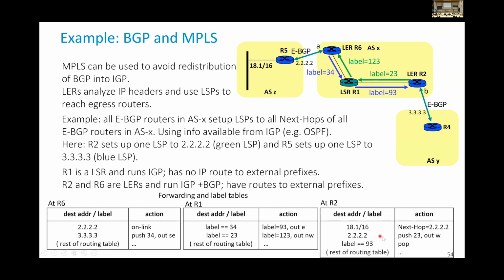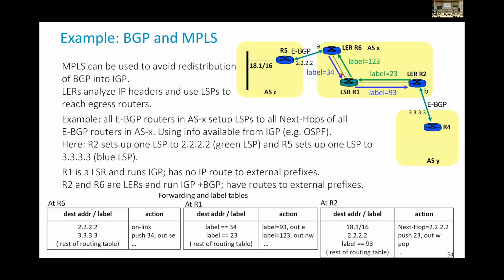Well, I don't send it to a next hop like I would do normally. I push the label 23 here, and I send it on the corresponding port. So we modify the way of operating here, but that's the standard modification that all MPLS routers do.